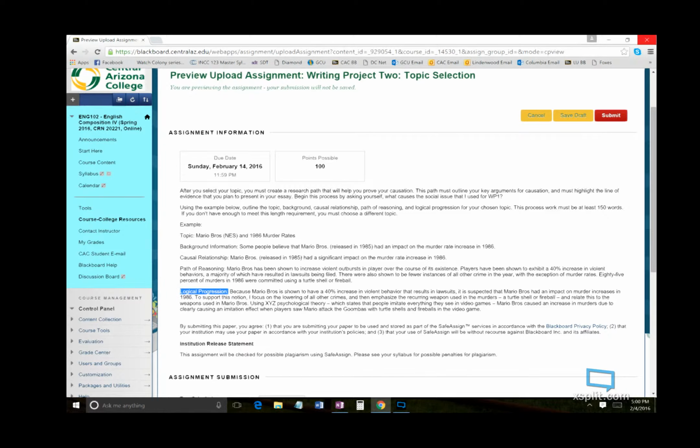Now, the logical progression, this is where you give me the data that you're interpreting that led you to this belief. So if you tell me that Republicans are more likely to choose pro-life, you're going to have to show me the data or the research, or just tell me the data or the research here in this paragraph that led you to that logic. How did you develop that logic, that logical progression?